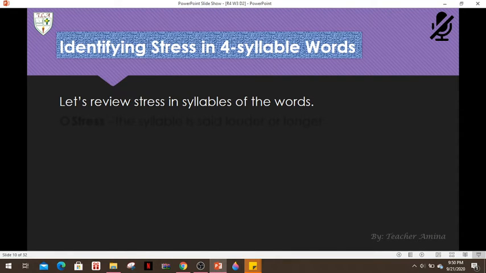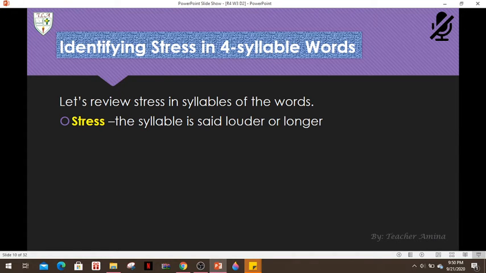So let's review stress first in syllables. Stress means the syllable is said longer or louder.